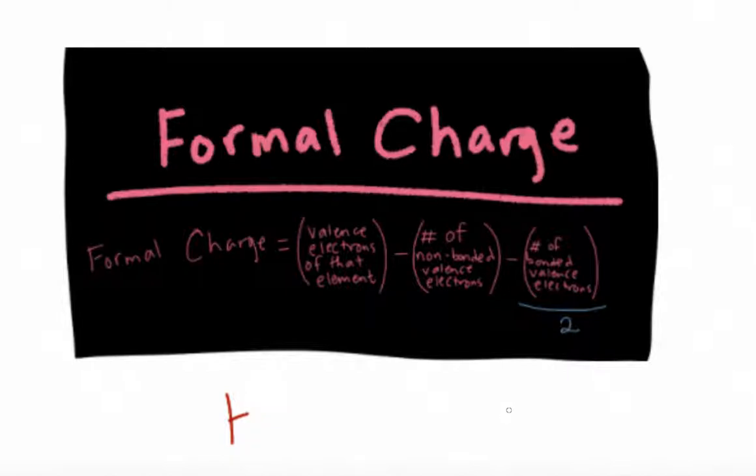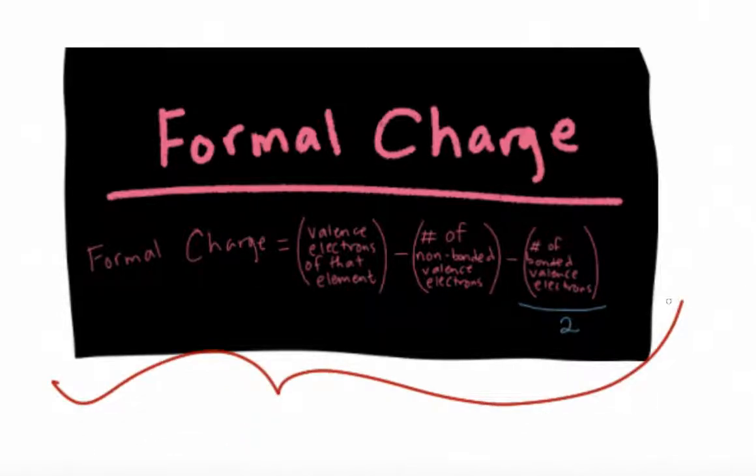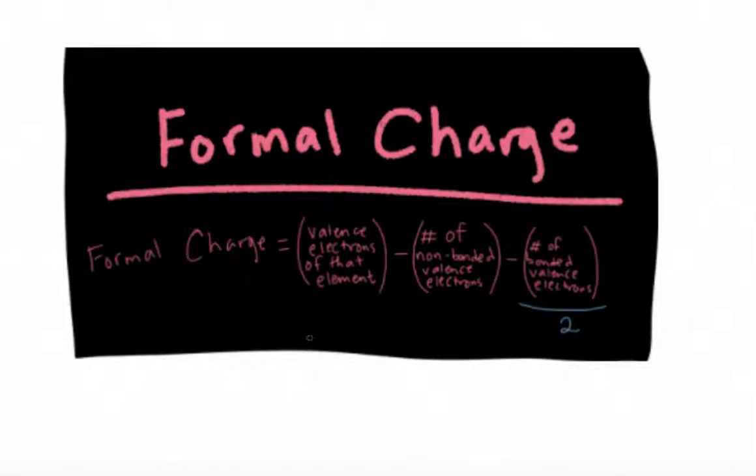Here I have written down the formula for finding the formal charge. When you're looking at an atom inside a structure, the formal charge of that atom is the number of valence electrons of that element.